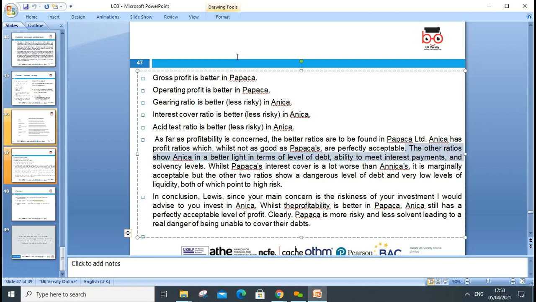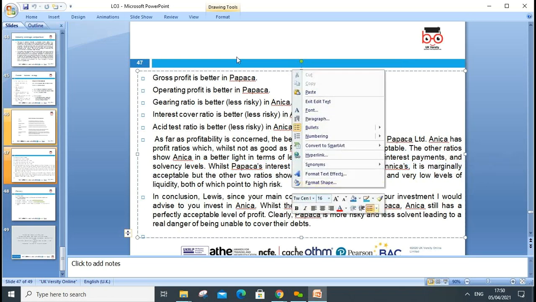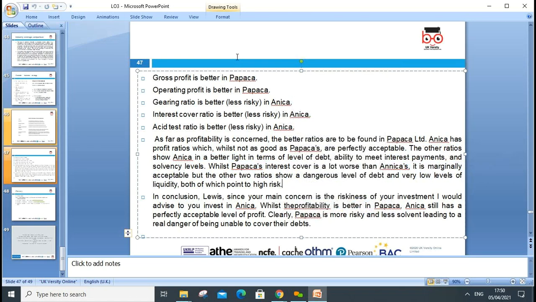These ratios show that Anika is in the lead in terms of the level of debt and ability to meet interest payments. On solvency, Paprika's interest cover is a lot worse, so it's marginally acceptable. But two of these ratios show a dangerously low level of liquidity, both of which point to high risk. In conclusion, we can look at which company is best.